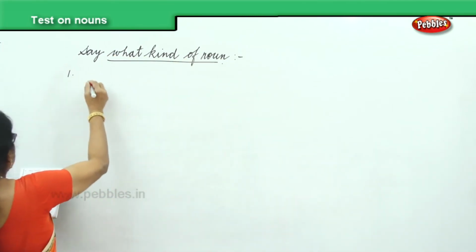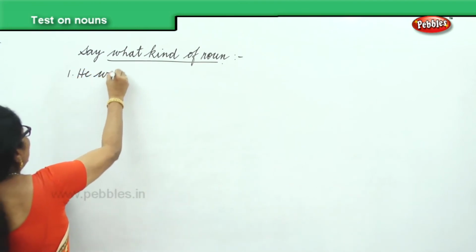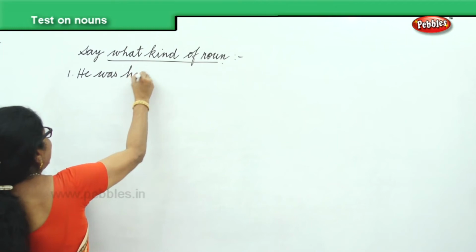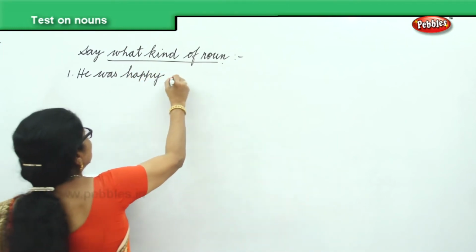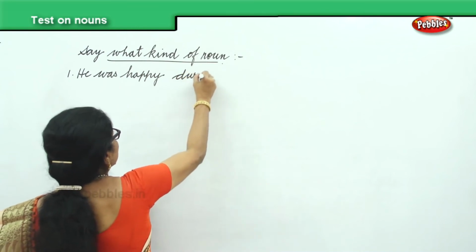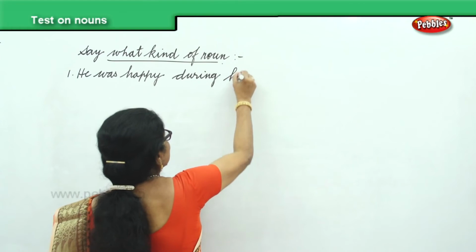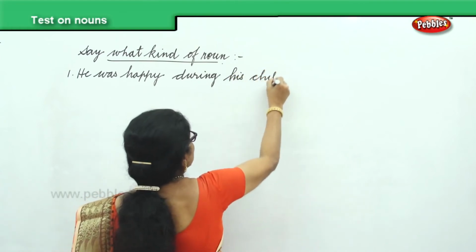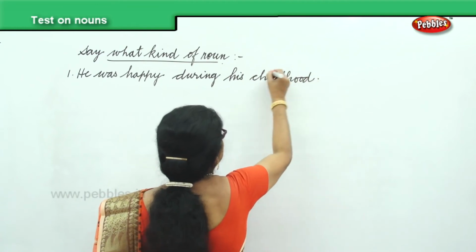Look at the first sentence. He was happy during his childhood. Okay?